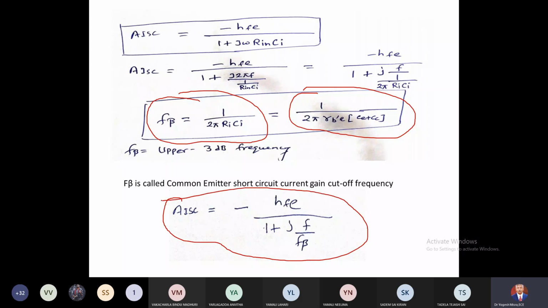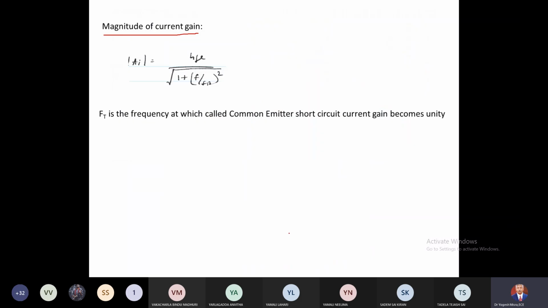See here, this expression is there. In the denominator there is a j term. So if you find the magnitude, you write it this way: I have removed the minus sign, hfe divided by the whole root of 1 plus f by f beta whole square, right? So to find the magnitude of the short circuit current gain, you require hfe, the frequency of operation, and f beta, right?